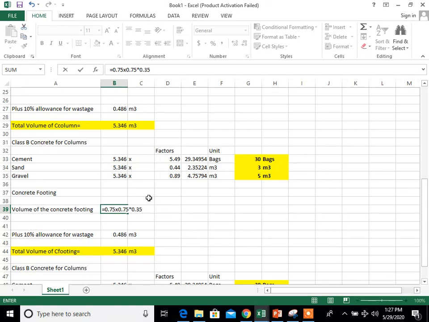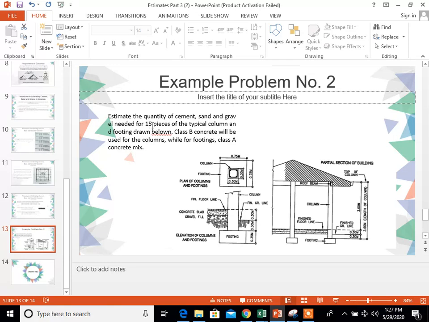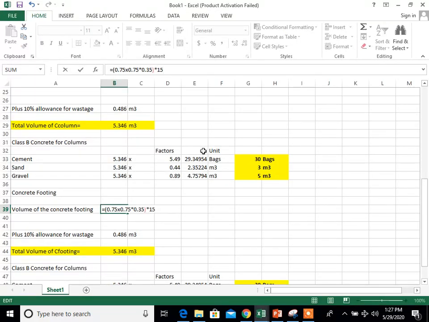So here is the volume of the concrete footing for one piece, times the total number of pieces, which is also 15. So that is the total volume of footings.